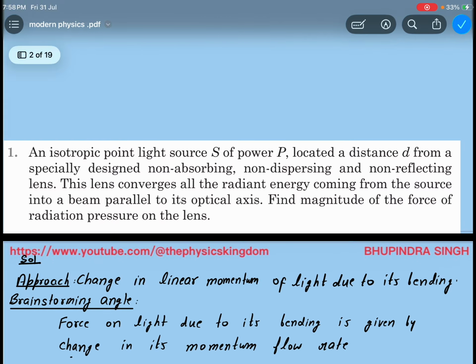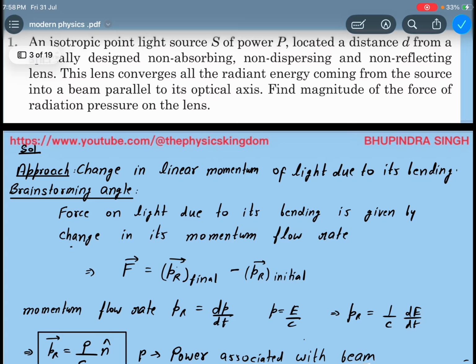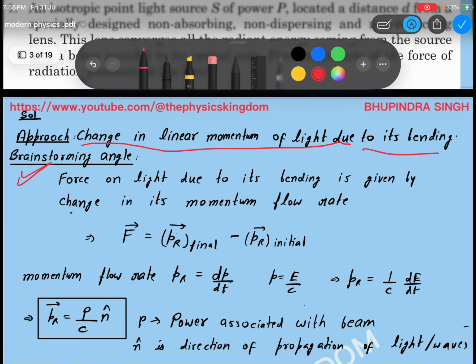Now let's discuss it. As I said, first of all we should be interested in finding the change in linear momentum of light due to its bending. Here a new thing I am now introducing to you. You might have already done this, but if it is new for you, then please listen very carefully. Force on light due to its bending is given by the change in its momentum flow rate.